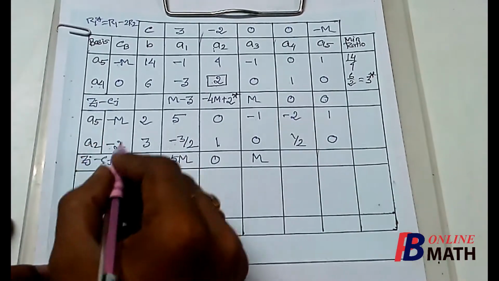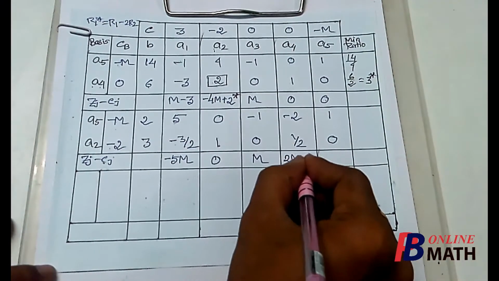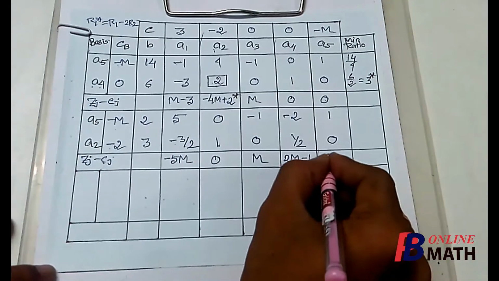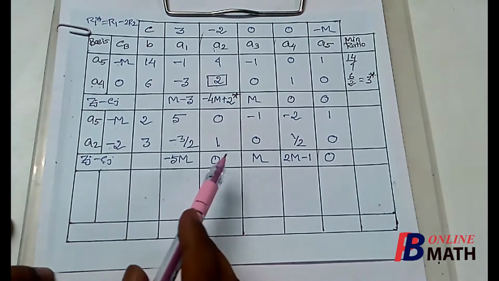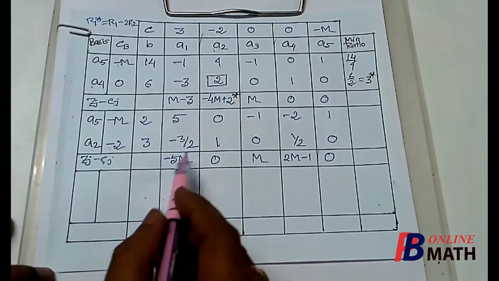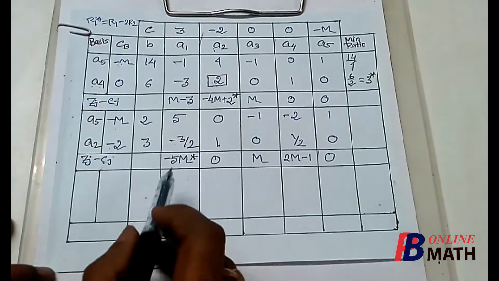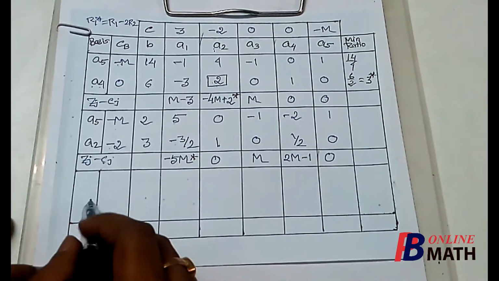It will be 2m minus 1 minus 0, so 2m minus 1. And finally this will be minus m, 0 plus m. It is 0. So we have computed all the values of Zj minus Cj, and we have found that this one is negative. So we select this element. Therefore the vector a1 will enter the basis.